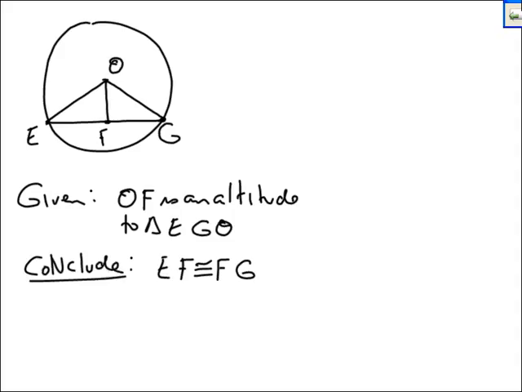Now, basically, if you have any chord, the altitude, and that's the center O, the altitude always meets at a right angle. That is, we have 2 right angles.